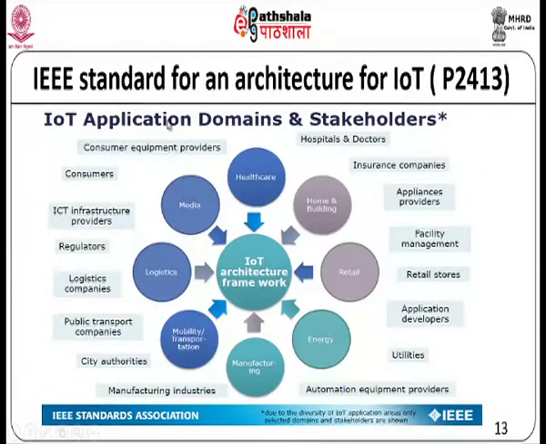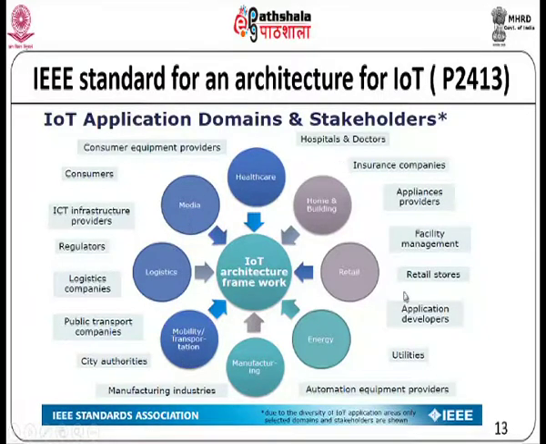Looking at the IEEE standard, they have identified an architectural framework which can be used for multiple applications. The applications being looked at are healthcare, home and building, retail, energy, manufacturing, mobility, transportation, logistics, media.